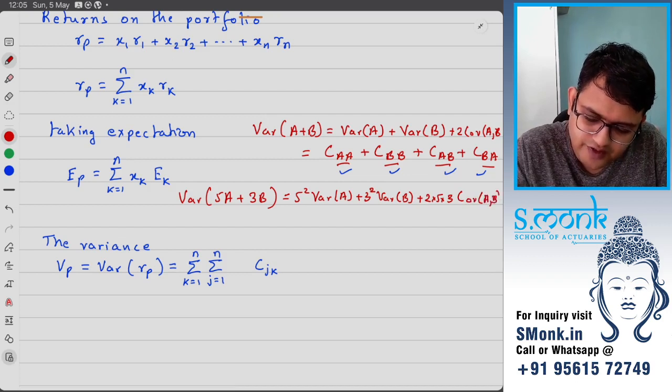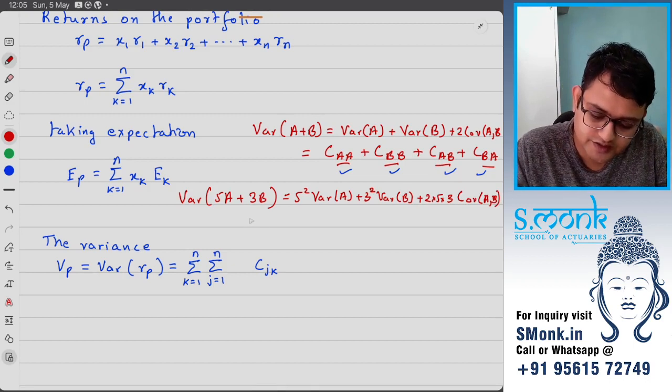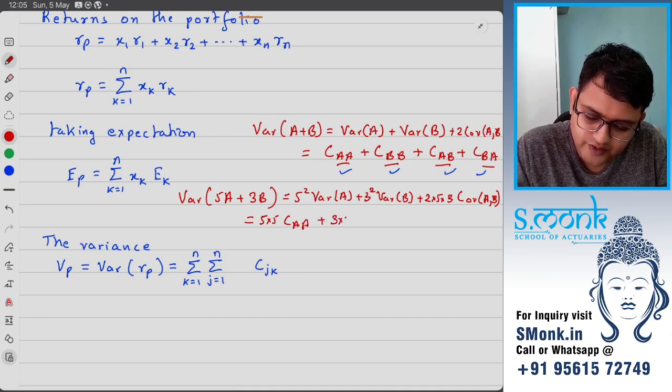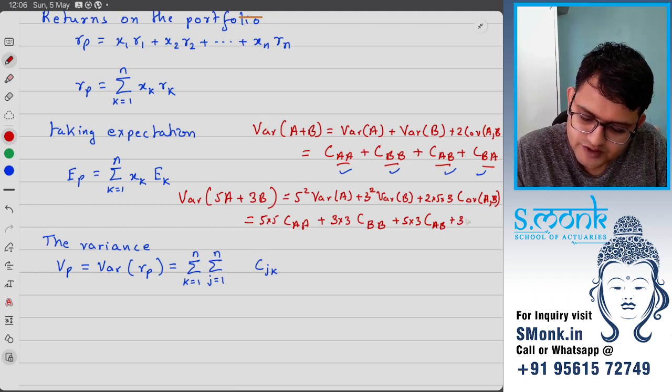This is how we would have written. So here in these C terms, I would have written it as 5 into 5 CAA plus 3 into 3 CBB and plus 5 into 3 CAB plus 3 into 5 CBA.